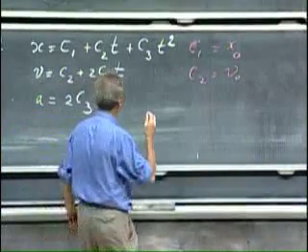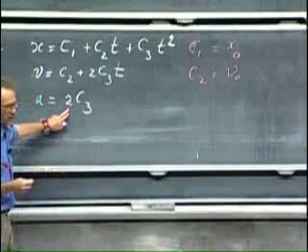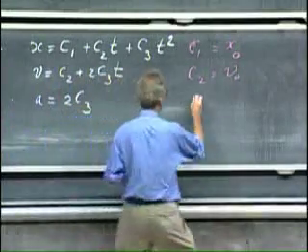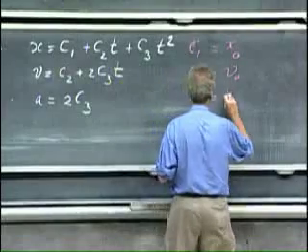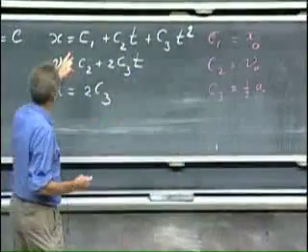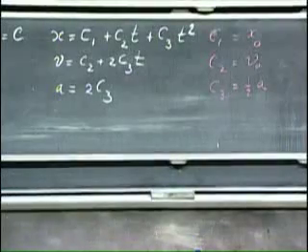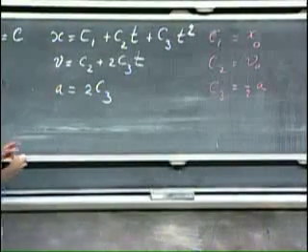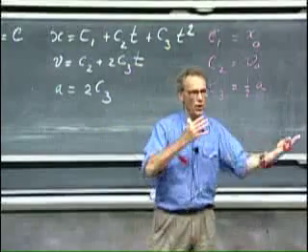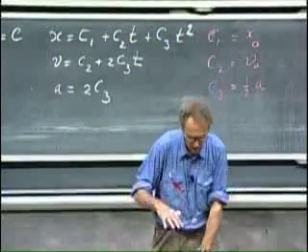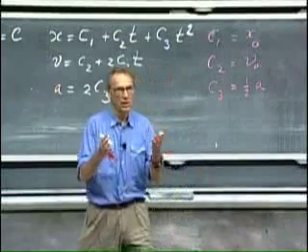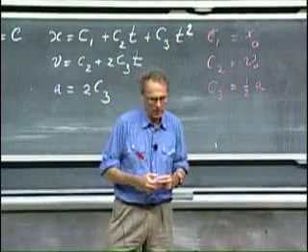And the acceleration is not changing with time, is 2c3, therefore c3 is half the acceleration. So this gives you some insight in the meaning of these quantities, and you can see, you can read now some physics in there. C1, C2, and C3 can independently be either 0 or larger than 0 or negative. Makes no difference. Each one of these combinations is a valid possibility in physics.